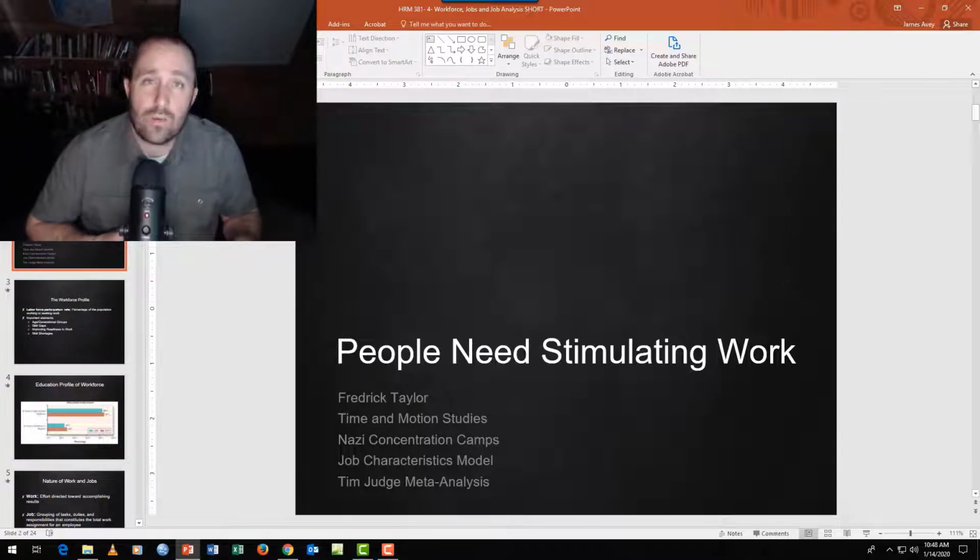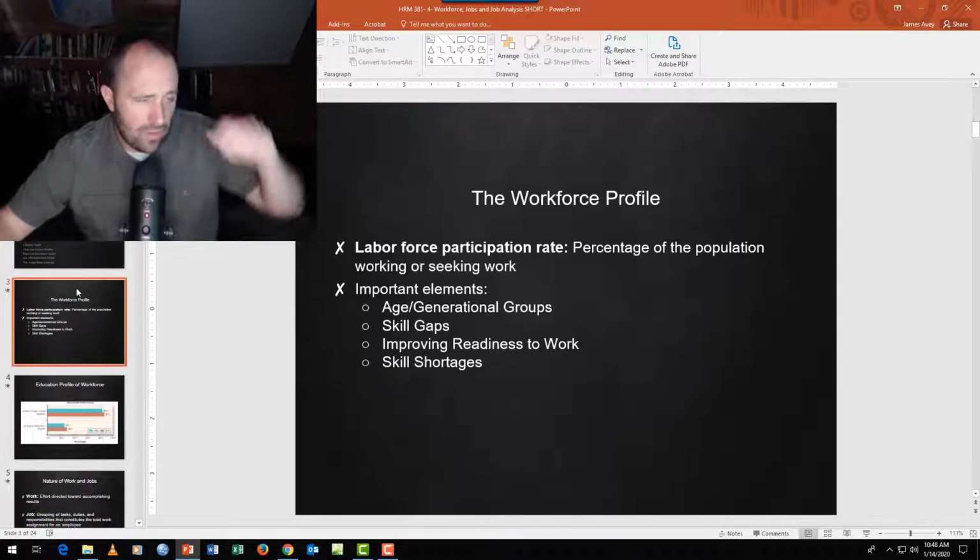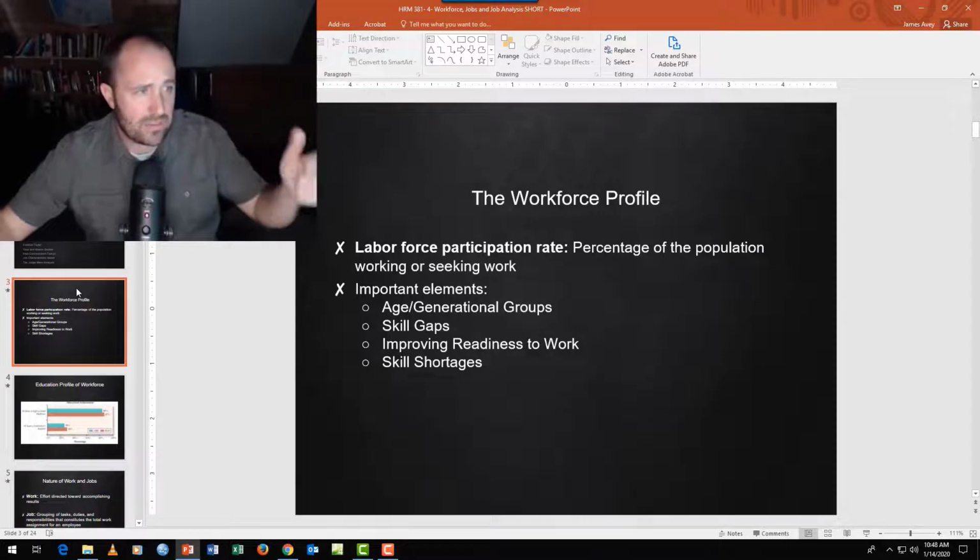The number one predictor was mental stimulation. In other words, if you have to think on your job, you have to use your brain, then you typically like your job. And if your job is mundane and dumb and actually making you dumber, then you usually hate your job. With that as a foundation, let's hit a few concepts.